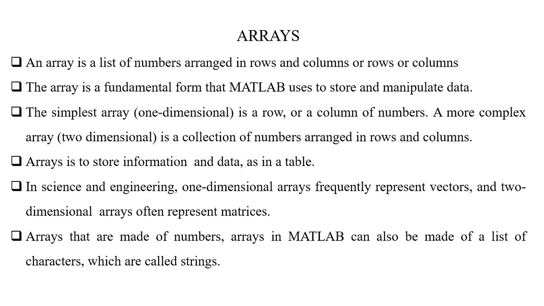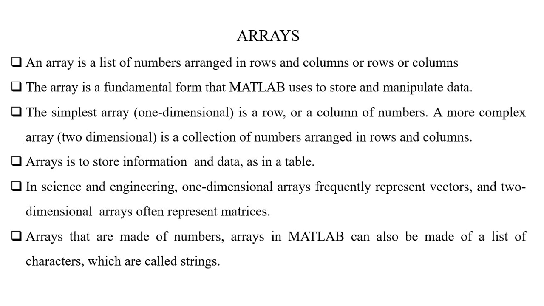The simplest array, or one-dimensional array, is a row or a column of numbers. A more complex array, that is two-dimensional, is a collection of numbers arranged in rows and columns. Array stores information and data in a table format.